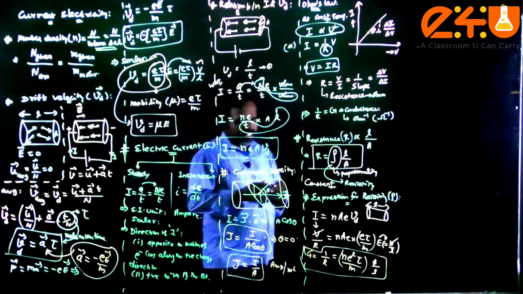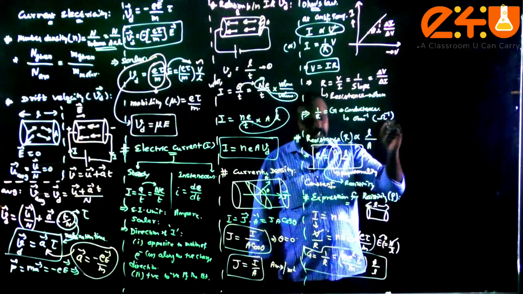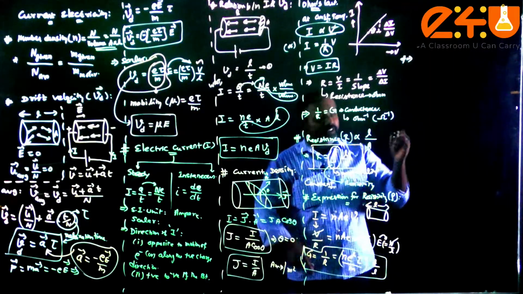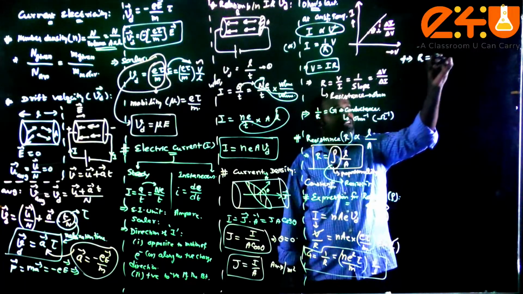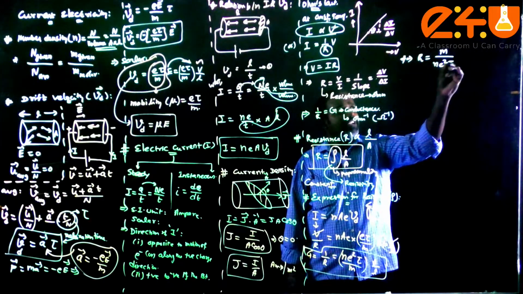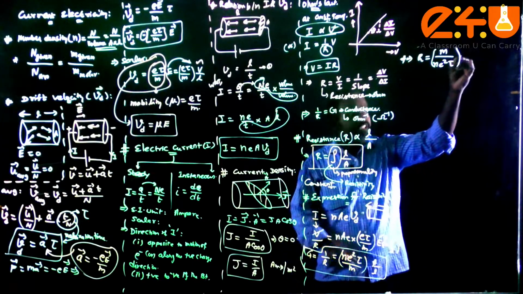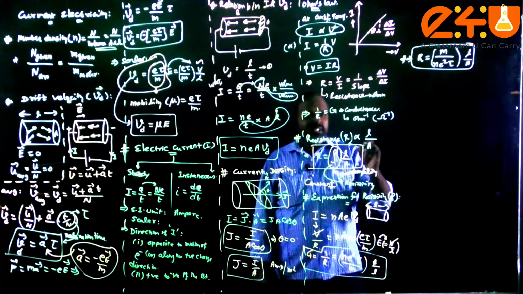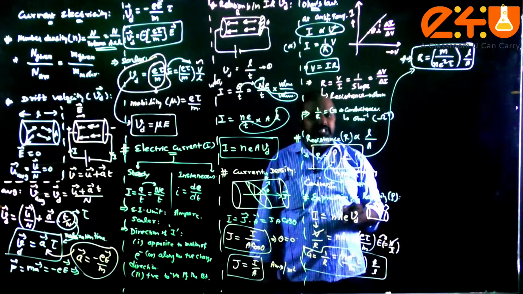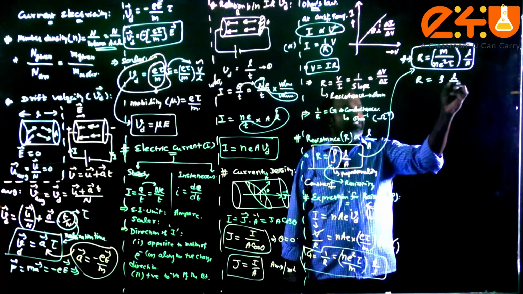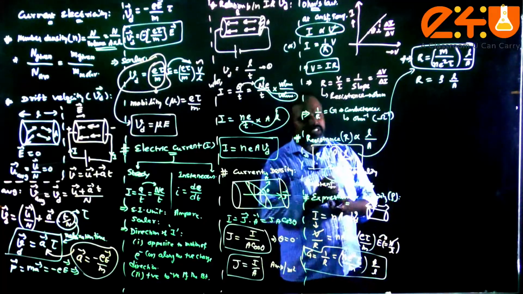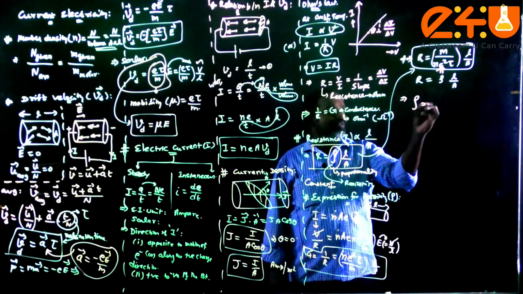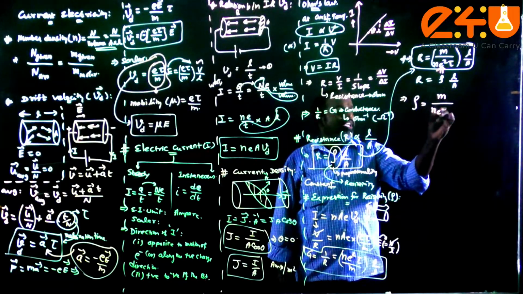Now reciprocate that expression, that means I can write the reciprocal of that equation, that is R is equal to m divided by N e square tau, into L by A. Now please take this expression and compare with this equation, that is R is equal to rho into L by A. By comparing these two equations, we get the resistivity of the material. Therefore, resistivity rho is equal to m divided by N e square tau.